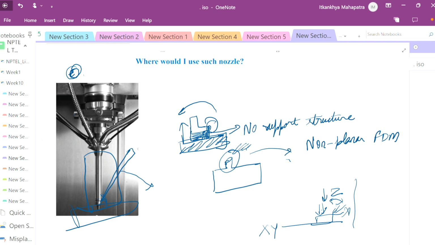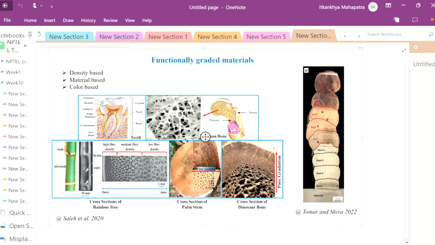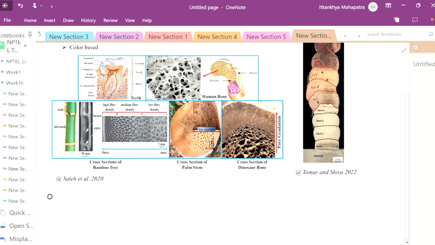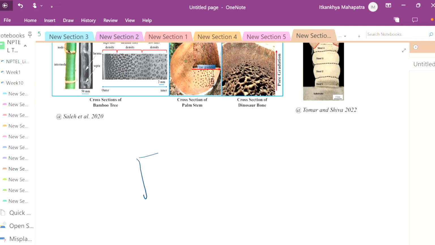Fine, next we will move on to functionally graded materials. Functionally graded materials will be like as you are seeing. Suppose this is your specimen. Here there will be various types of functional grading. Your density will keep on increasing from top to bottom, or it will go on decreasing from top to bottom.